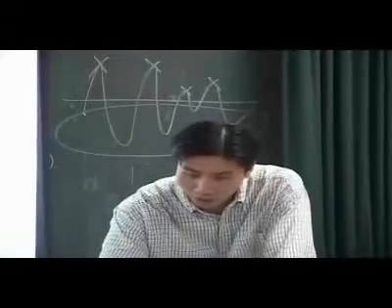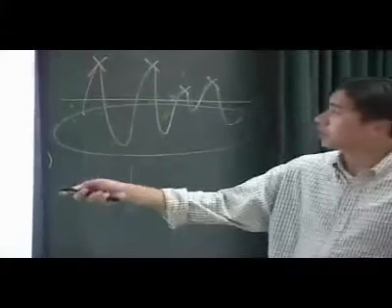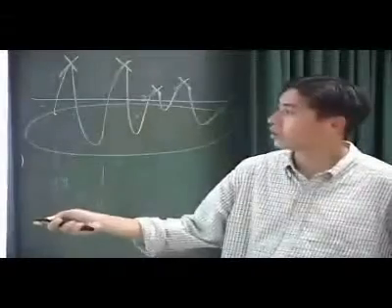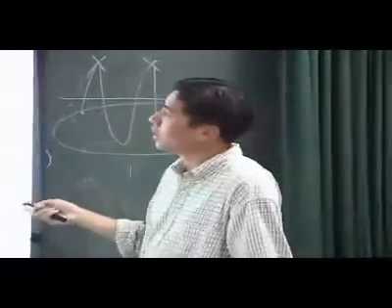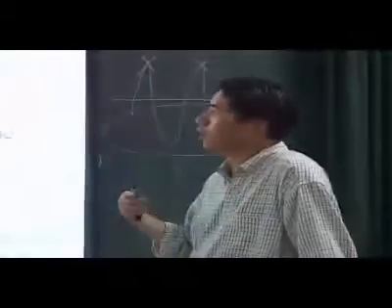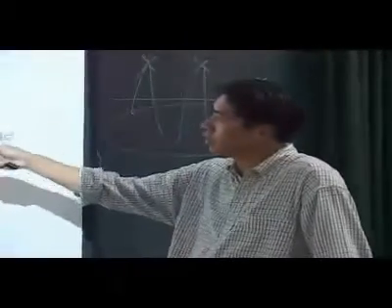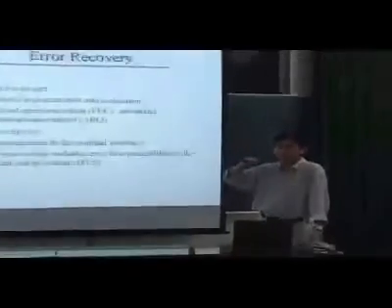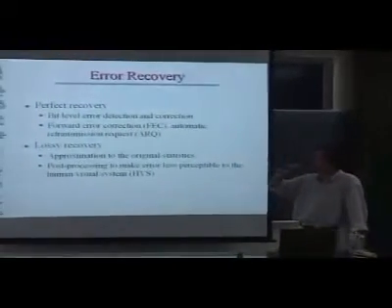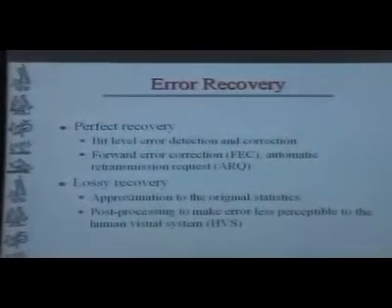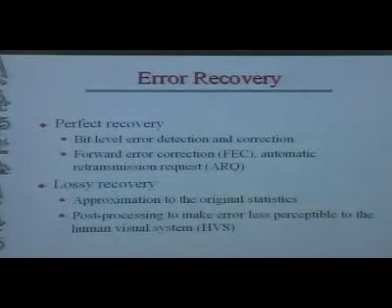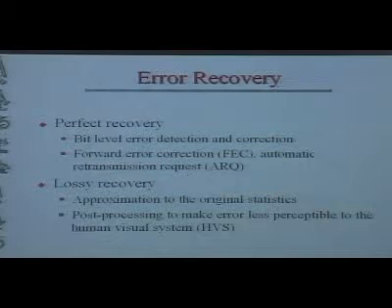So there are two types of error recovery: perfect recovery and lossy recovery. Perfect recovery means that, for example, channel coding or retransmission will provide perfect recovery within the constraints that you meet. That means you'll be able to get your data back without any problem.